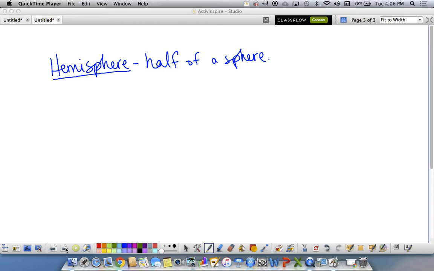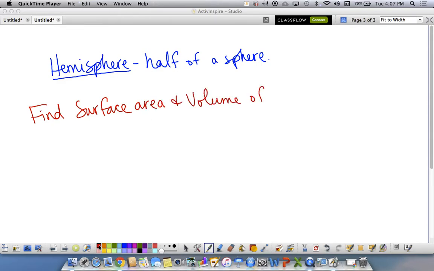Let's find the surface area and volume of a sphere with radius equal to, let's say, oh my goodness, I want to be nice, but we're going to say 5 centimeters.